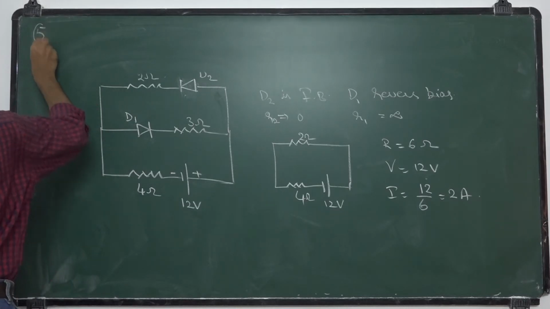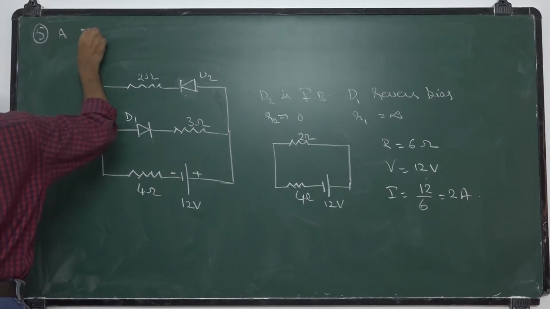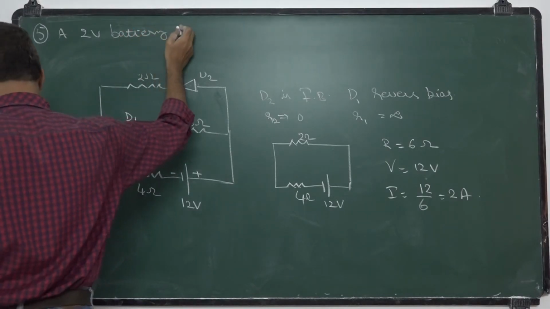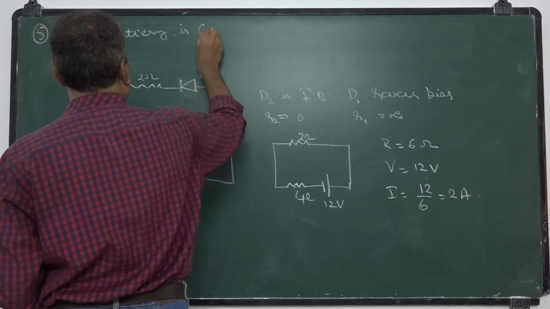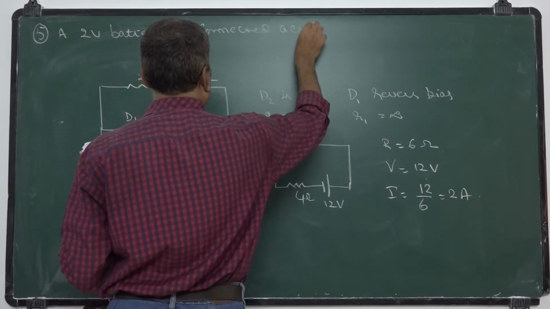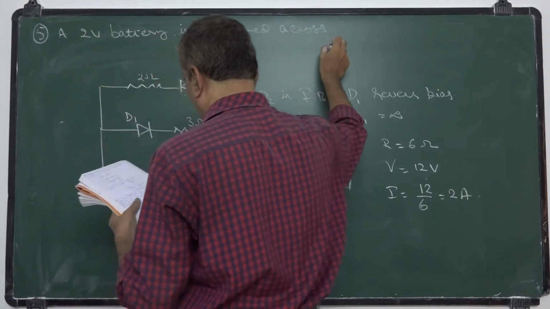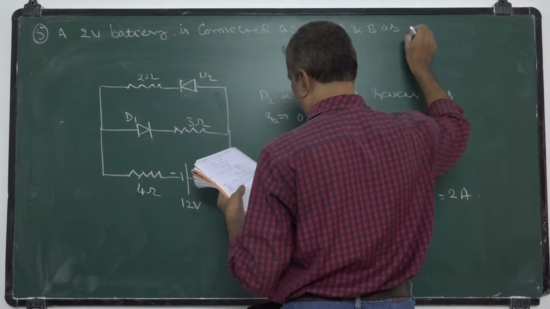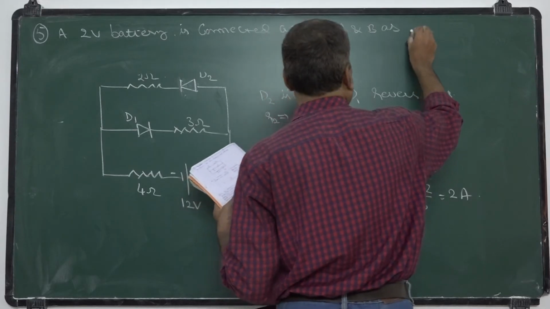Next, the fifth one. A 2 volt battery is connected across A and B as shown in the figure.